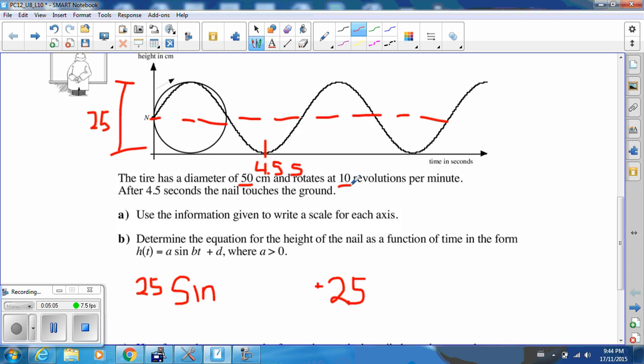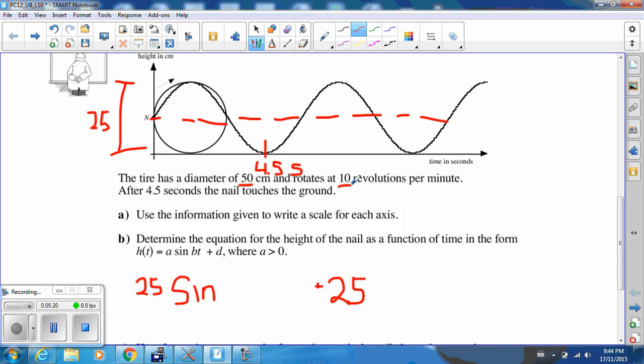But to start off with, I am going to take just the 4.5 seconds to hit the ground. When I do this in class, that's the piece of information that students always lock on. And it's a useful piece of information.